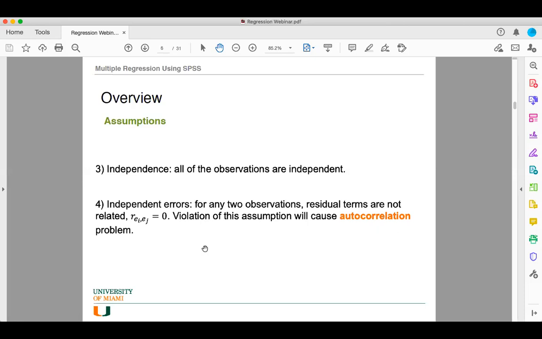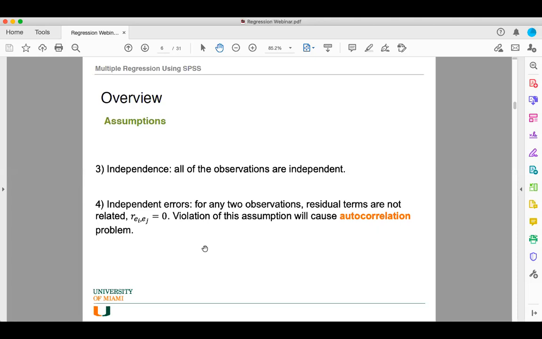The third assumption is independence. So all of the observations are independent. This should be met when you collect the data set, at the data collection stage. The fourth assumption is independent errors, and that is for any two observations, the error terms should not be related.